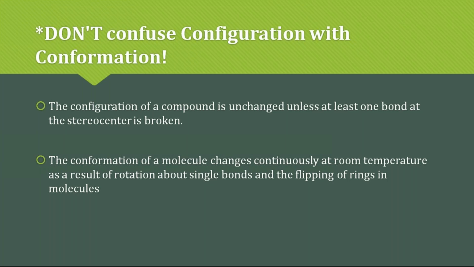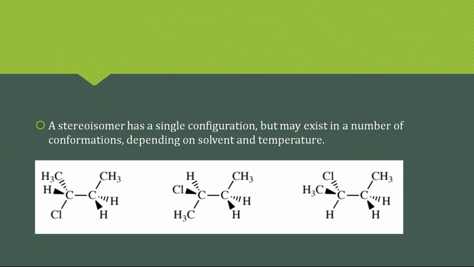Whereas conformation means a molecule changes continuously at room temperature as a result of rotation about single bonds and the flipping of rings in molecules. So a stereoisomer has a single configuration but may exist in a number of conformations depending on solvent and temperature. So these have a single configuration but you can represent them in 3 conformations.